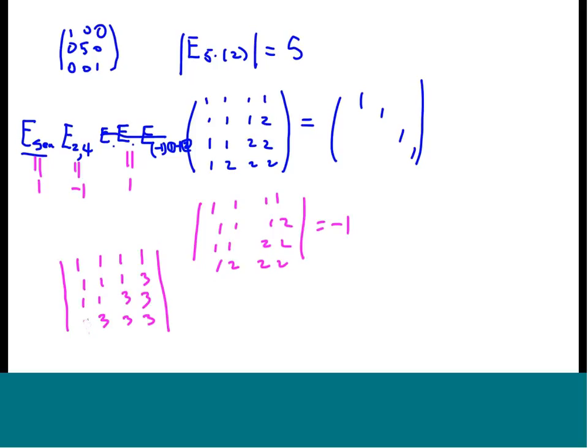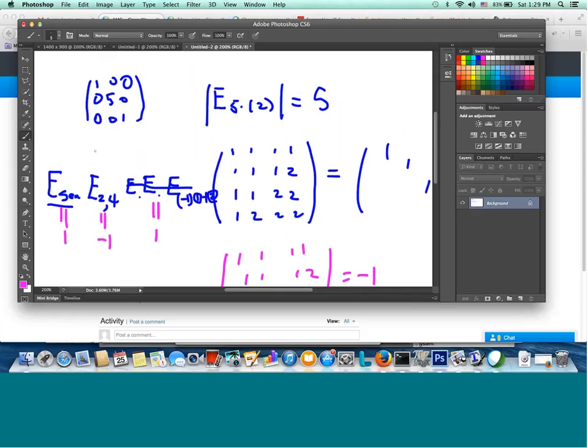The eraser is too small. You still remember that one? 1, 1, 1, 3. All right.